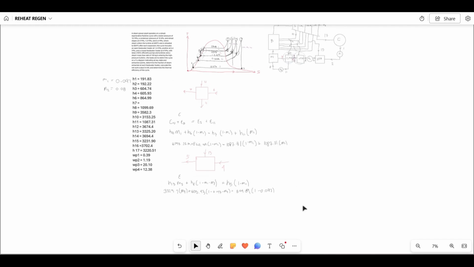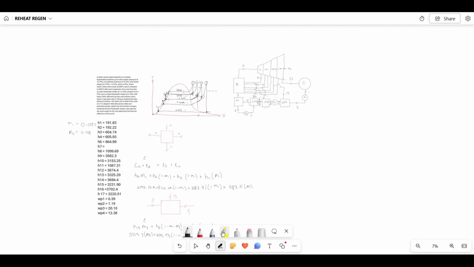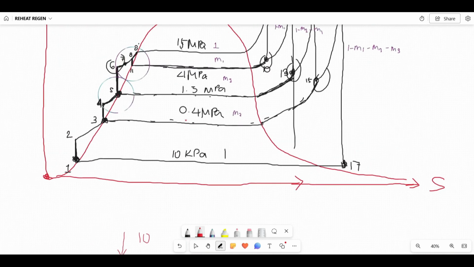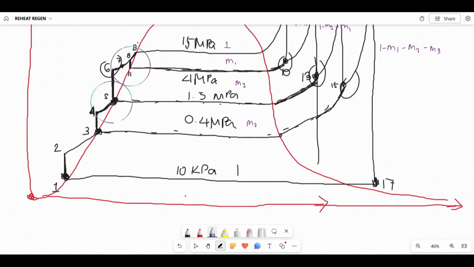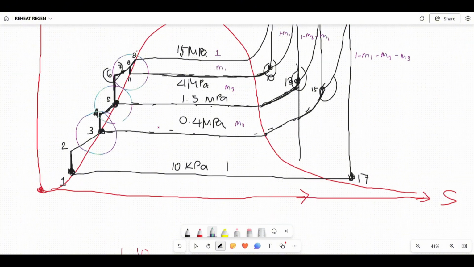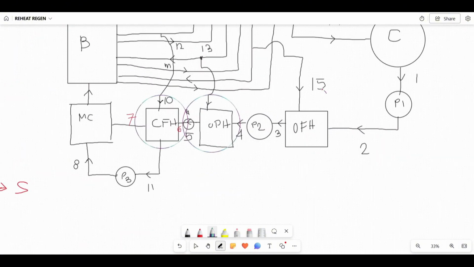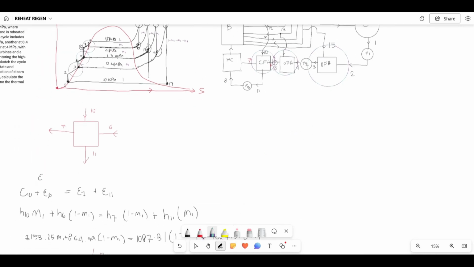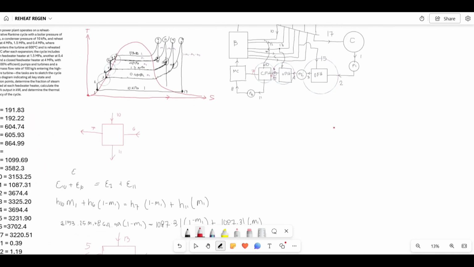Now we're going to find mass 3. Same principle again. To find mass 3, we need to look at this specific part, the mass 3. So if you're going to draw it again, let's draw it over here. We got entering of 15 and the entering of state 2 exits at state 3.